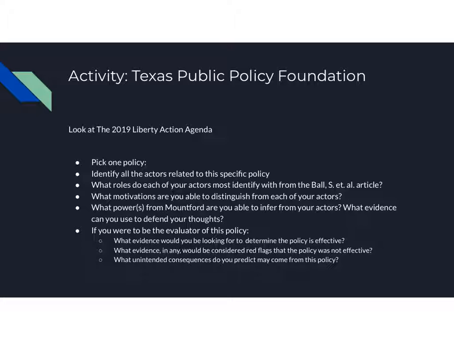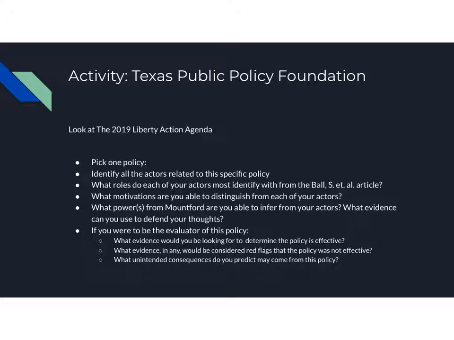And then thinking about what are their motivations? Are you able to distinguish those motivations between each of the actors? And then also looking at those same actors and motivations, what power or powers from Munford are you able to infer from those actors?